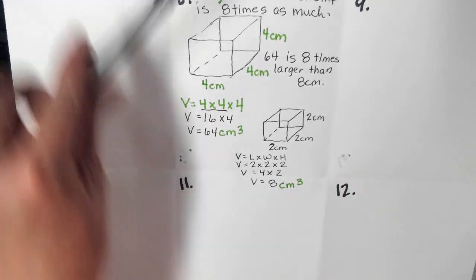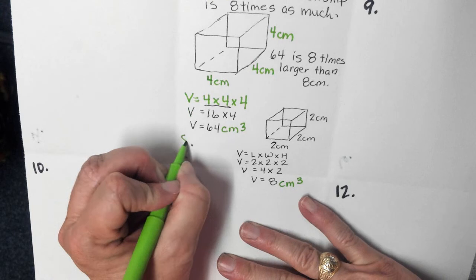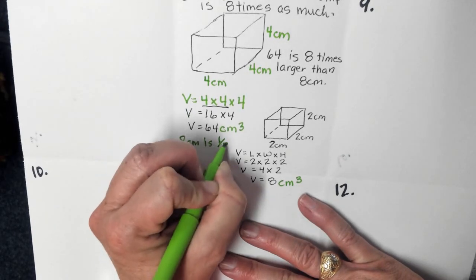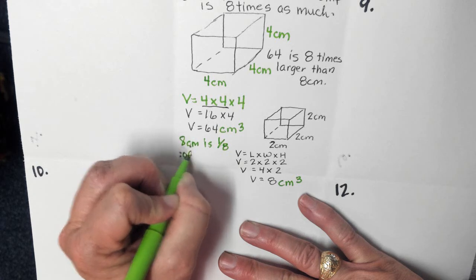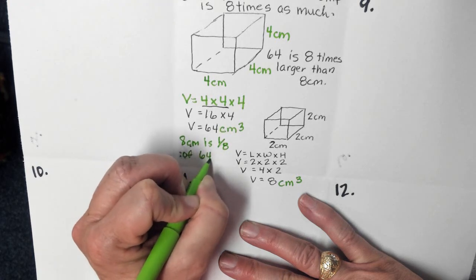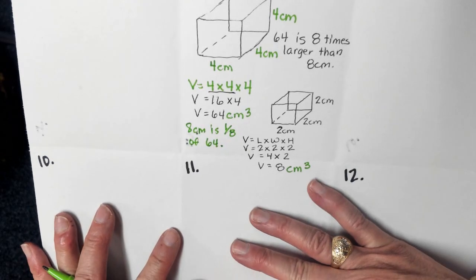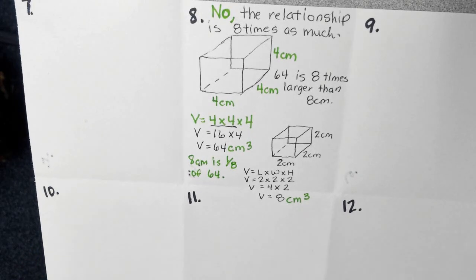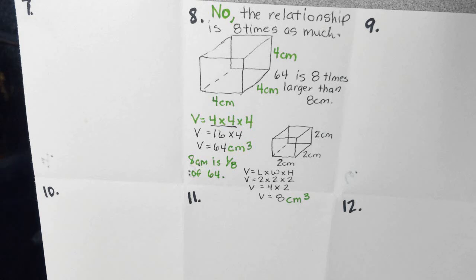And over here we could say that 8 centimeters is 1/8 of 64. So those are the relationships that we're looking at. So it is not half. What questions can I answer for you about that?